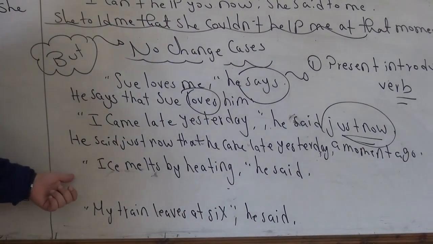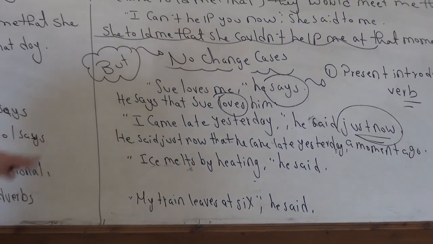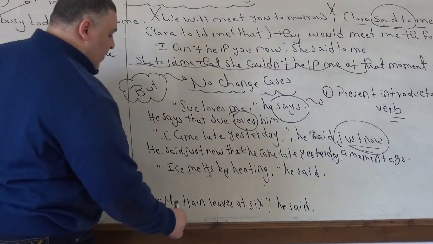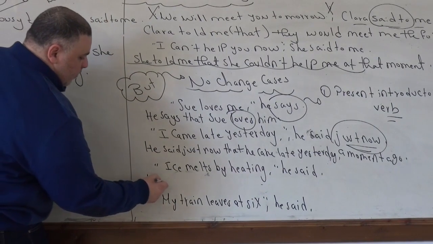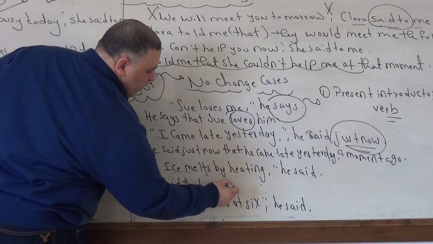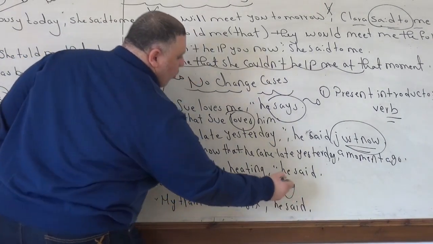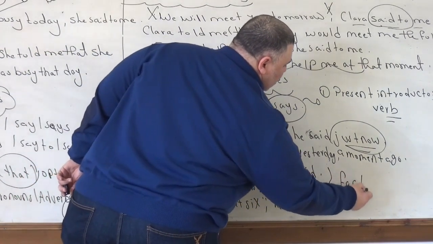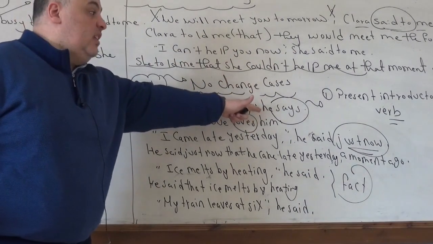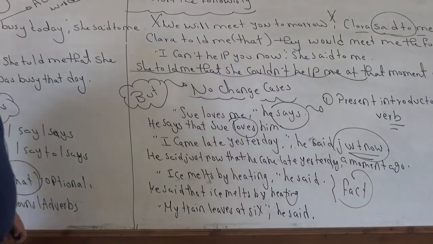Ice melts by heating. Some people will refer to the previous lesson, the zero type conditional if, what we call a scientific fact. Ice melts by heating. This is a scientific fact. So I will say, he said that ice melts by heating, which is also a fact. So facts do not change. We do not change whenever the introductory verb is in the present, and we do not also change when we use the words just now or a moment ago.